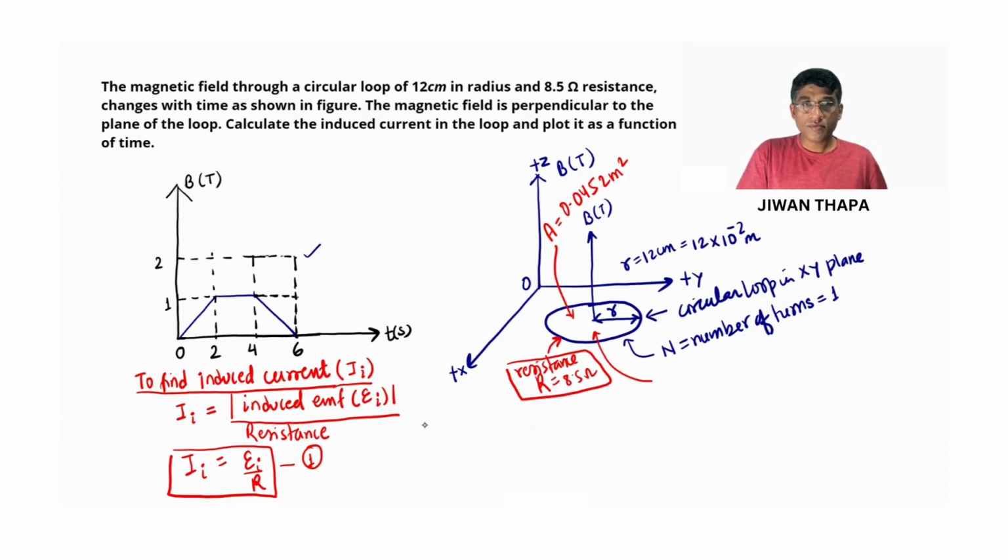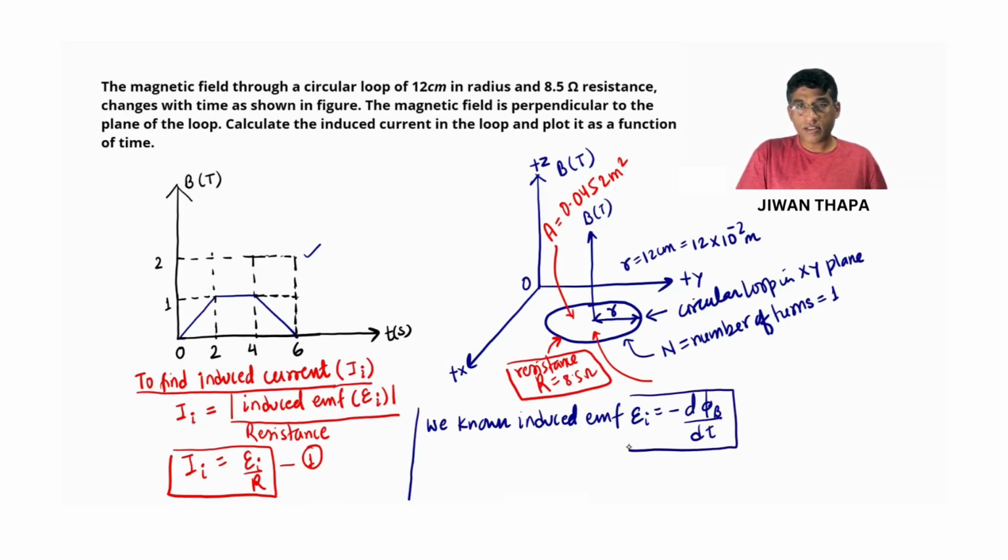Next, we know induced EMF E_i equals minus d phi_B by dt. So this represents change in magnetic flux, and this is change in time.